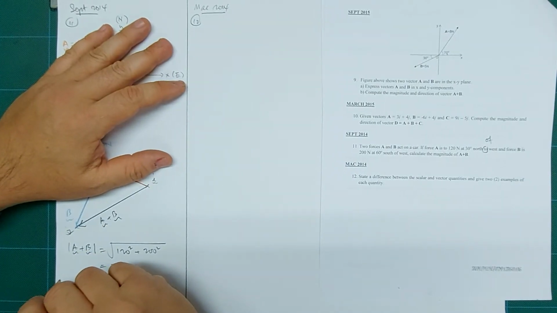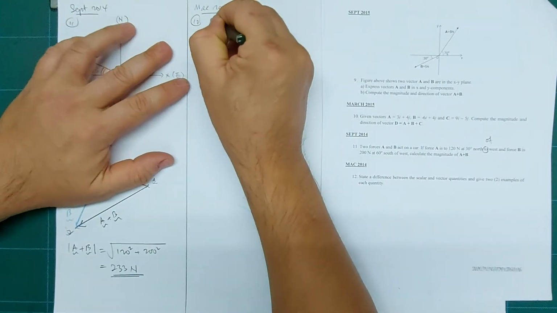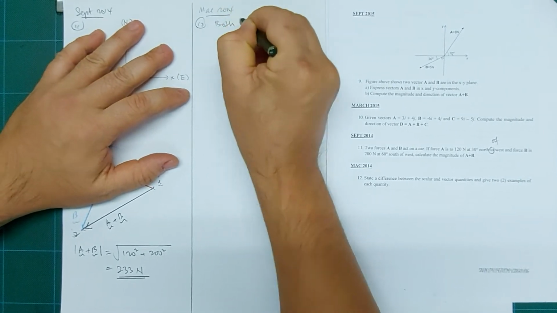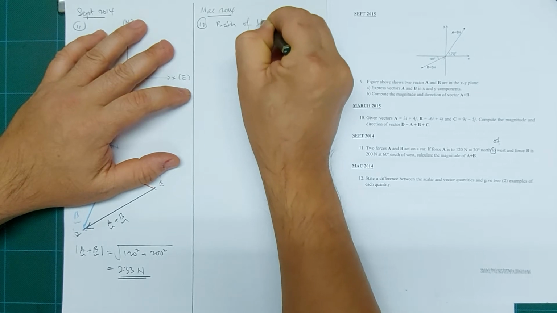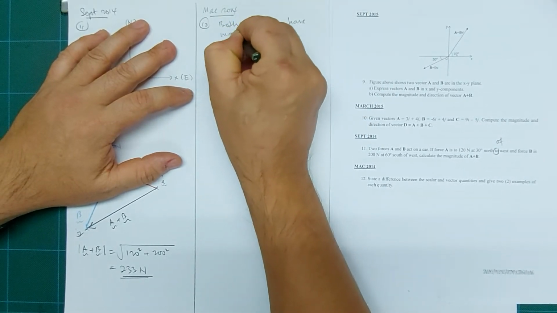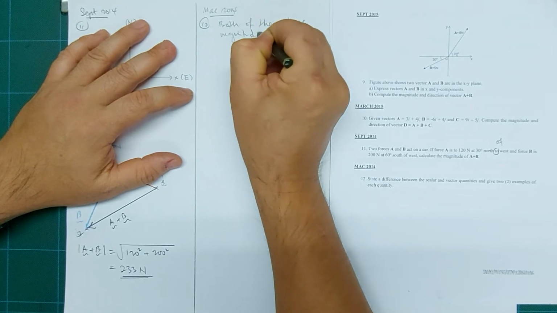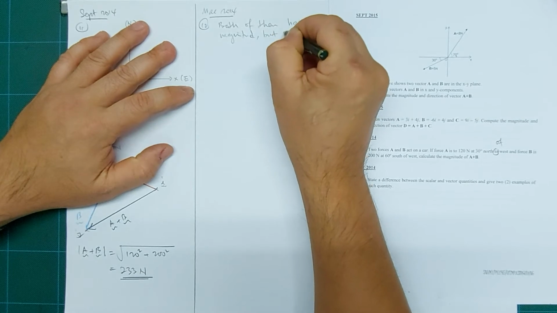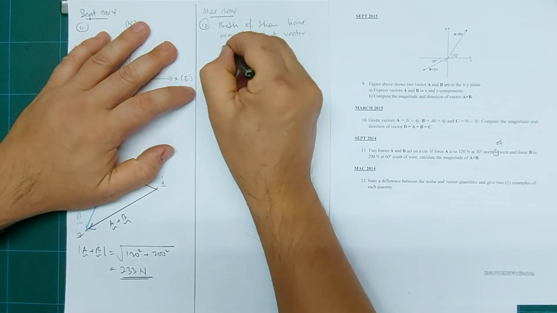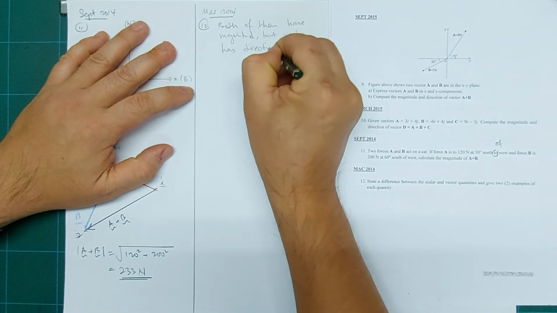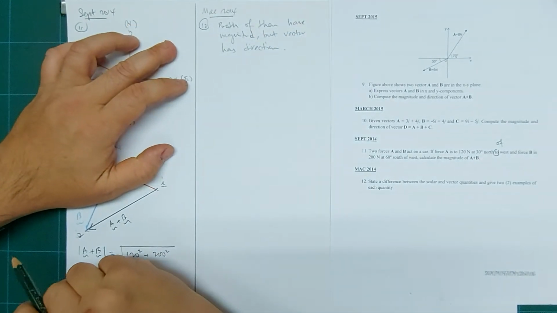Well, first we write what is similar: both of them have magnitude. But vectors have direction. Vector has direction, scalar doesn't have.